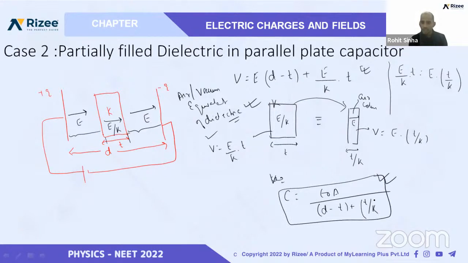T by K is the equivalent air column of the dielectric, and D minus T was the real air width which was present. You should remember this formula. It is very much important. Any problem to anyone?